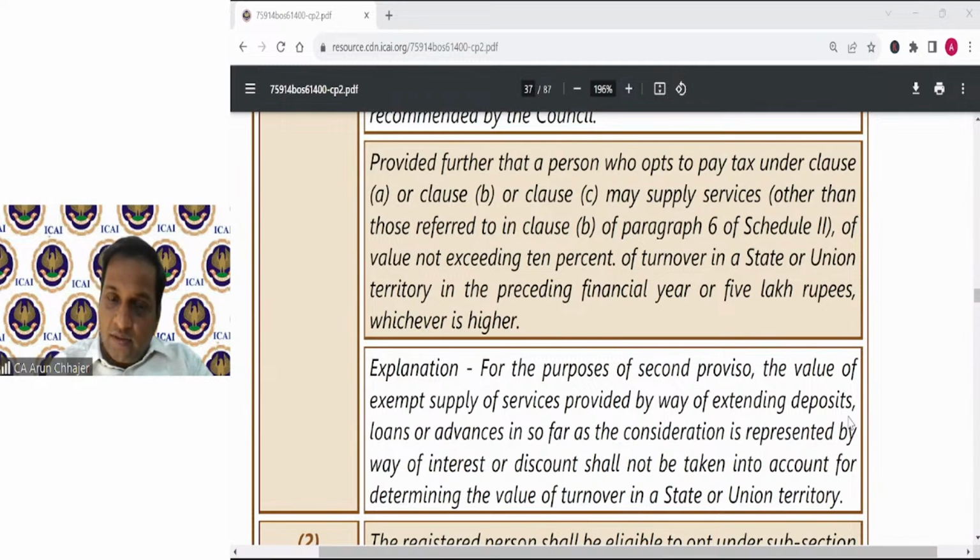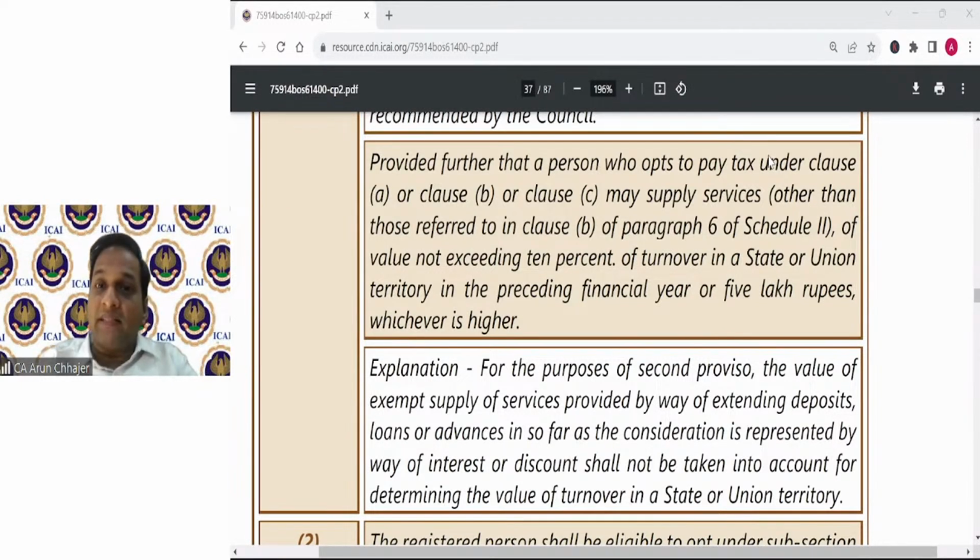It says that for the purpose of the second proviso, it means they are saying only for this proviso, 10% or 5 lakh, whichever is higher, the value of the exempt supply by way of interest. So if you recall, interest on long-term loan or advances is an exempt supply, the service in serial number 27 of the exemption notification.